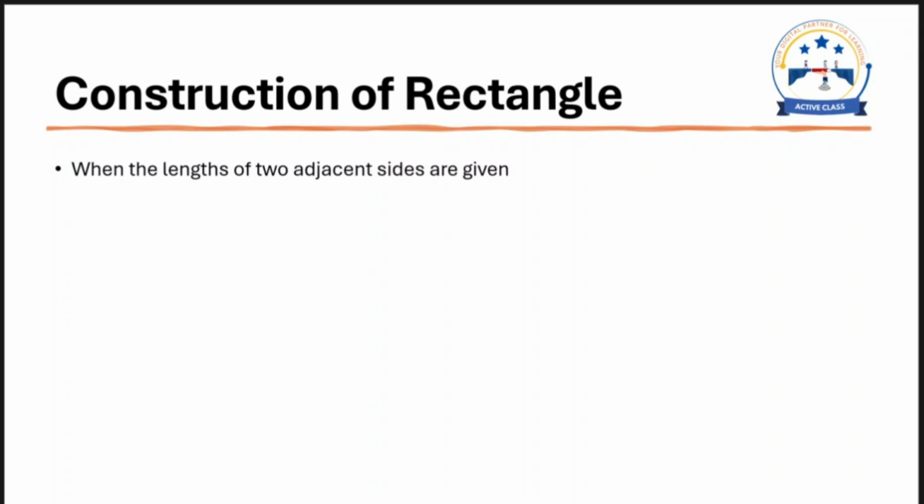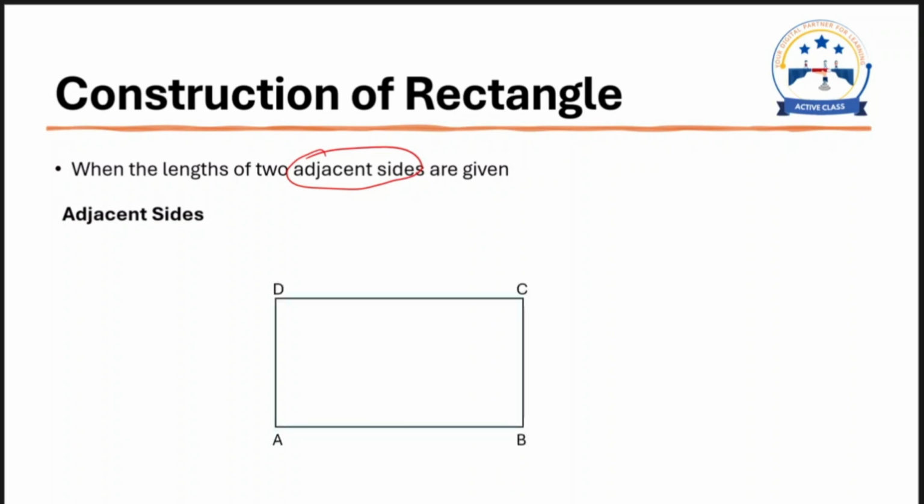We are going to learn to construct a rectangle when two adjacent sides are given. I know you are confused by the two terms, adjacent sides. So let's have a look at this figure. Can you guess the adjacent sides in this figure? Yes.